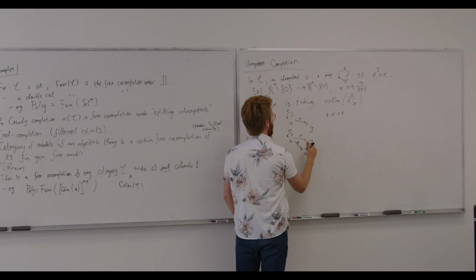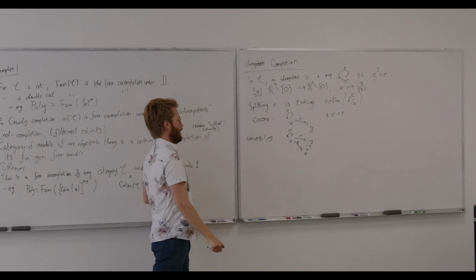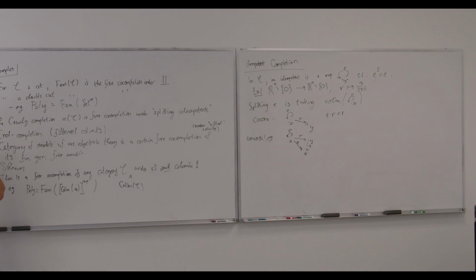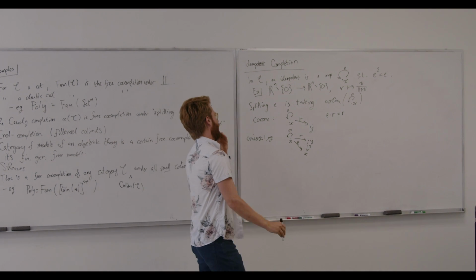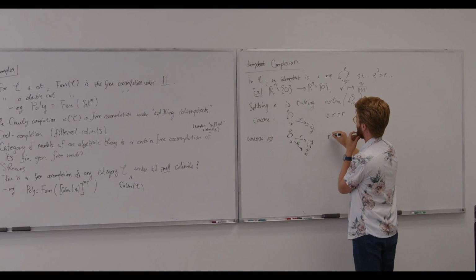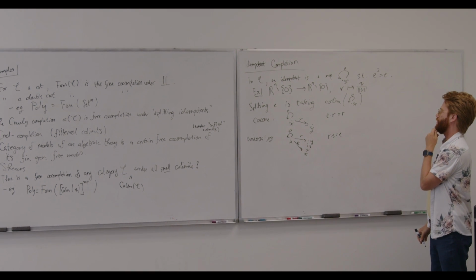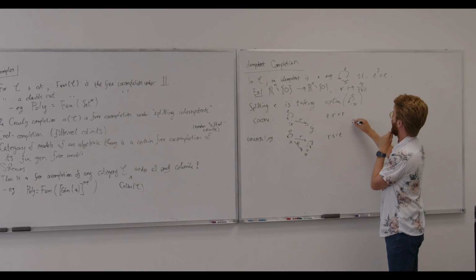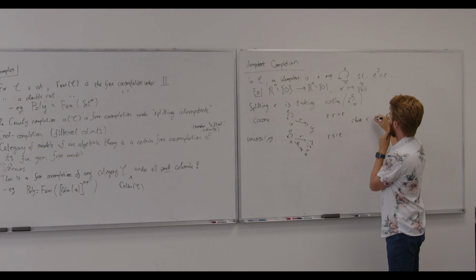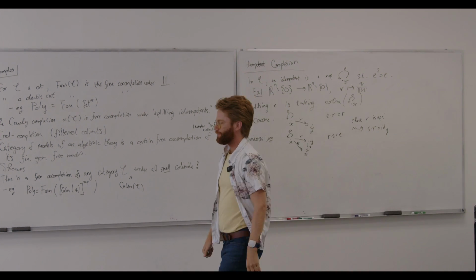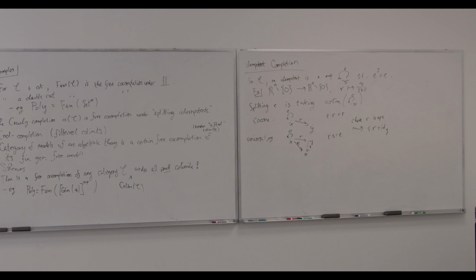By the universal property, if there is a colimit, if there is an idempotent splitting, then there's also a universal map back to X. I know ER equals R. I know RS equals E. And you can check that R is epi and that this implies that SR is the identity of Y. So that's the reason for the terminology idempotent splitting.